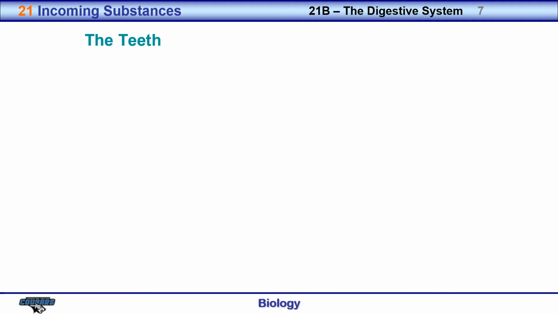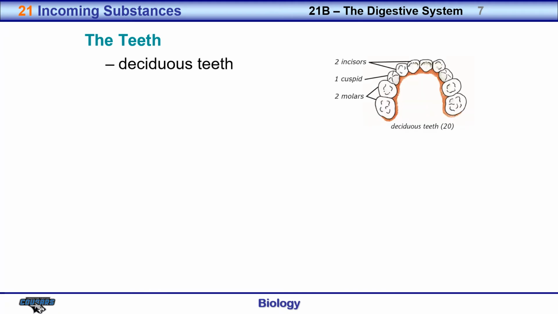The teeth, there are 4 different types of teeth that are involved in chewing. And when you are very young, you begin getting your teeth. These teeth are called deciduous teeth for the same reason that we call trees that lose their leaves and fall deciduous. These are the teeth that you will lose before you are an adult.